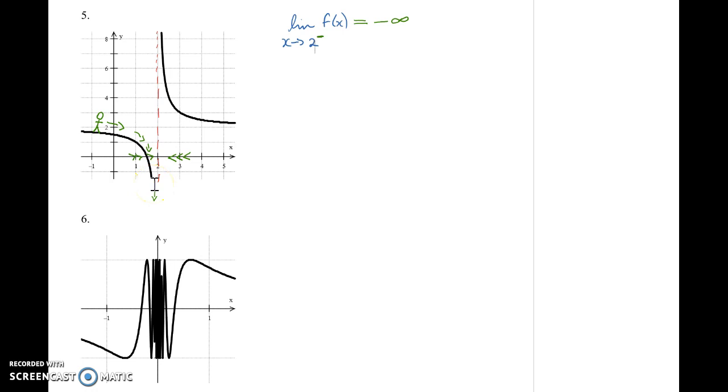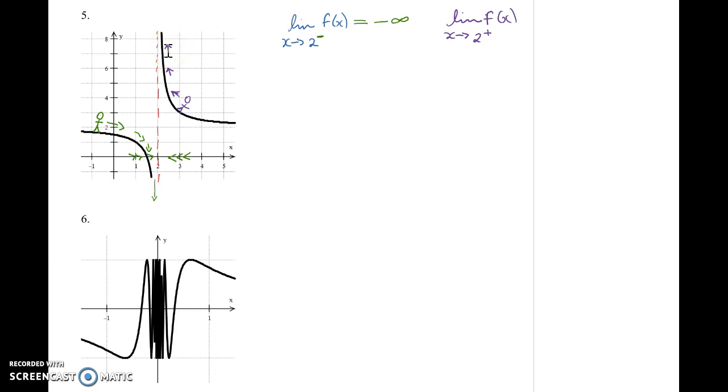We can do something similar on the right hand side. If we take it from the right hand side, the limit of f of x as x approaches 2 from the right hand side. So imagine we're here and we're trying to walk towards that red line, and as we try and get closer and closer to the red line, what we find is we're going to have to climb up, up, up, higher and higher and higher.